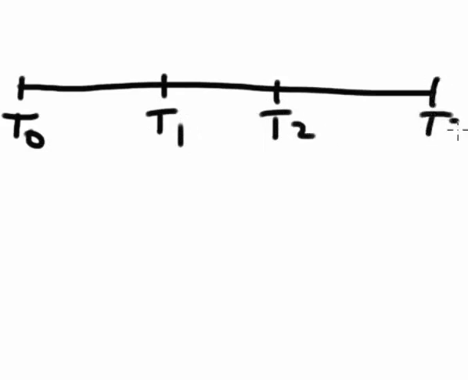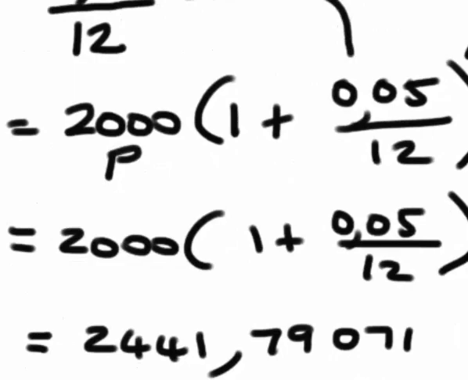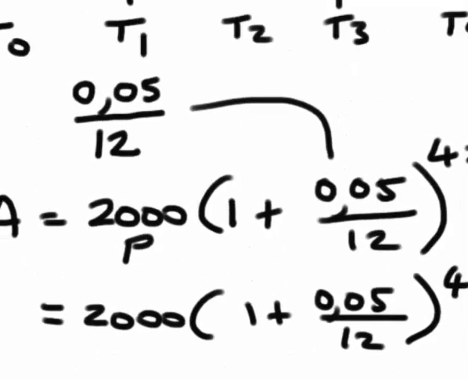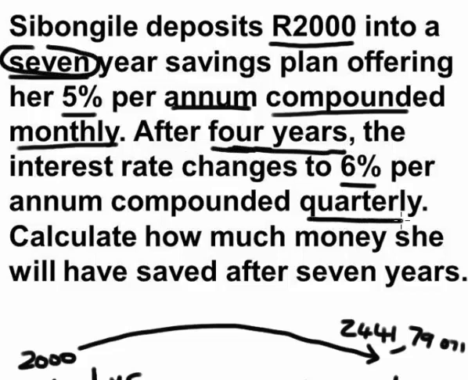Now, for the next 3 years, remember it's a 7-year savings period. So now we go for another 3 years to make up the 7. In the first 4 years, it grows to 2441,79. Now that's great. It's a 7-year savings plan, and after 4 years, the interest rate changes to 6% quarterly.